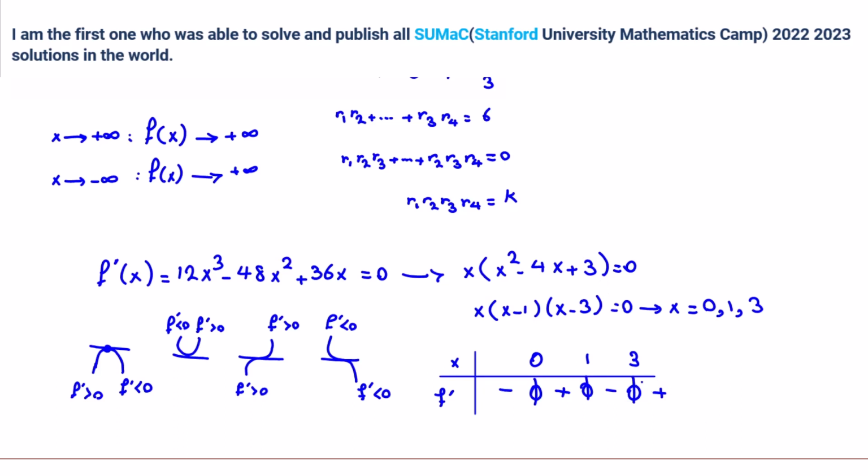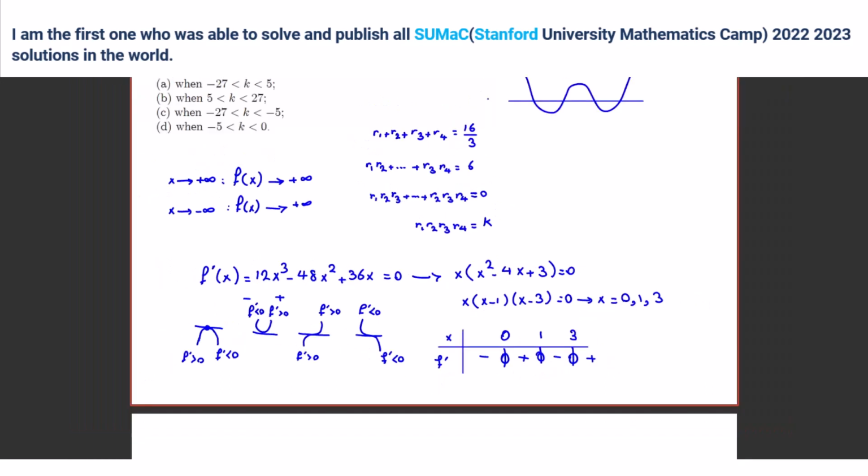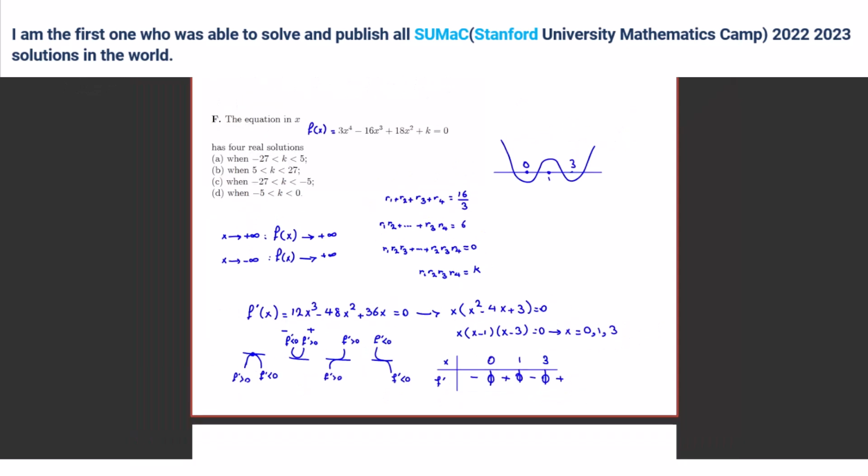So it goes negative, positive, like this. Negative means decreasing, positive means increasing. The x coordinate of this point is 0, this one is 1, and this one is 3. Want more hint or is that enough?